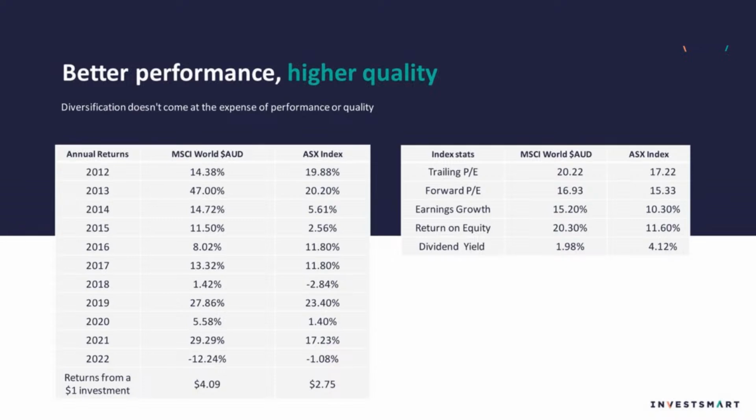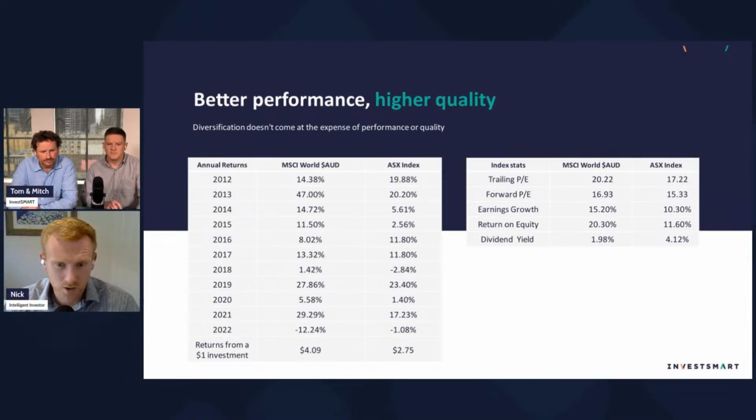So you are still getting capital return, just in a different form. But by far, essentially the reason we started the Intelligent Investor Select Value Fund was we were just finding much higher quality businesses for more reasonable prices overseas, and that's still the case. Without going into stock specific examples, there's just so many, it's countless.